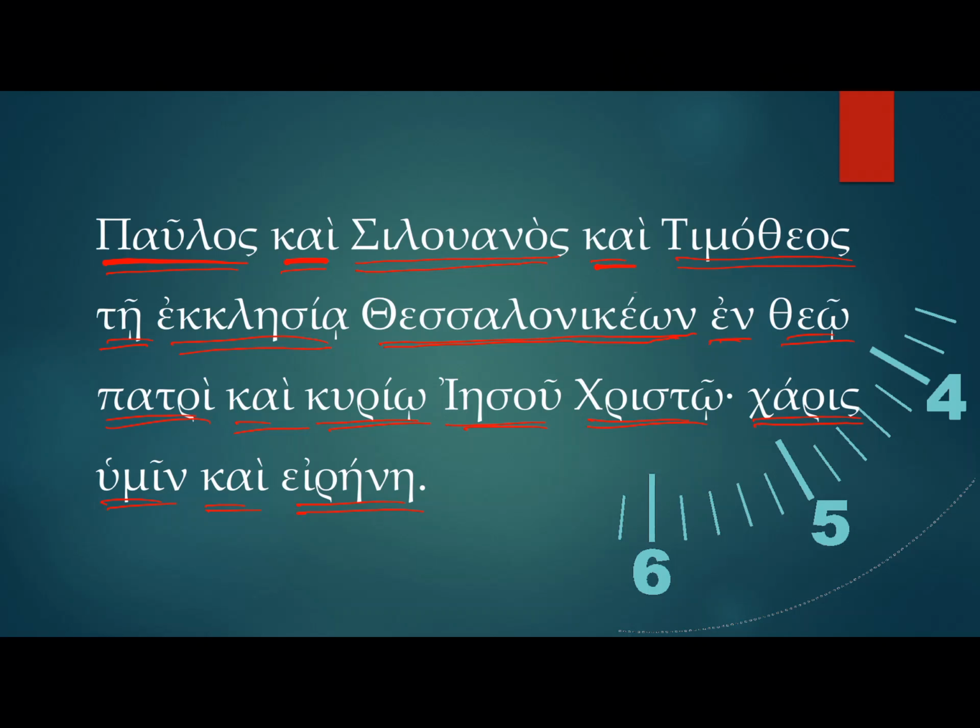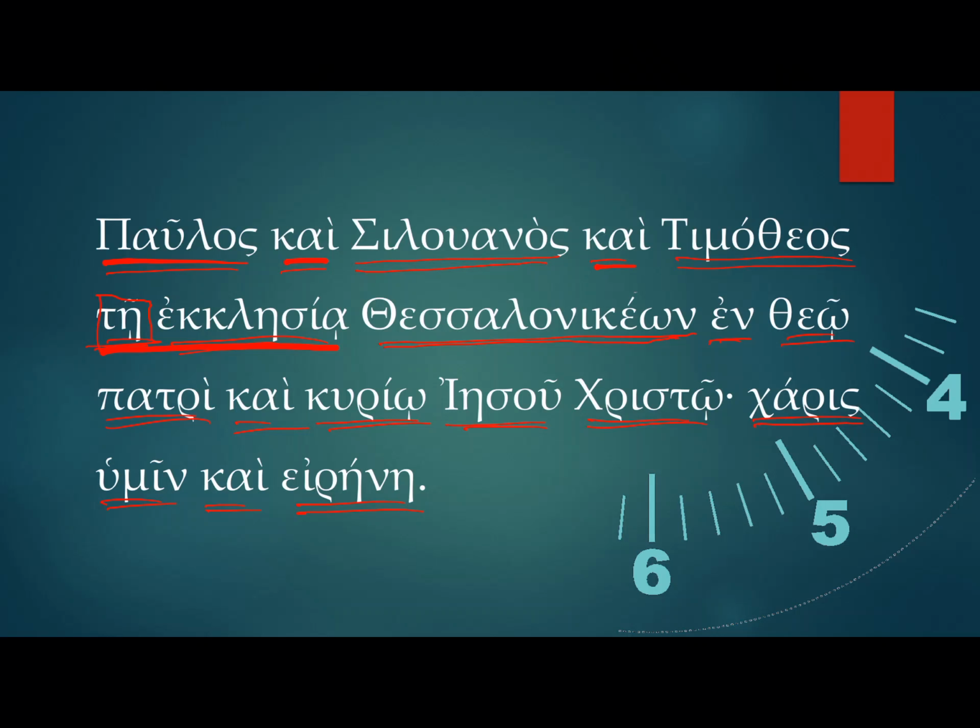Let me point out a couple of grammatical things for you here. Notice te ecclesia. I translated this as to the church. Look at it closely and you tell me what is the parsing of te ecclesia. Remember yesterday, one of our helps was looking at the article.